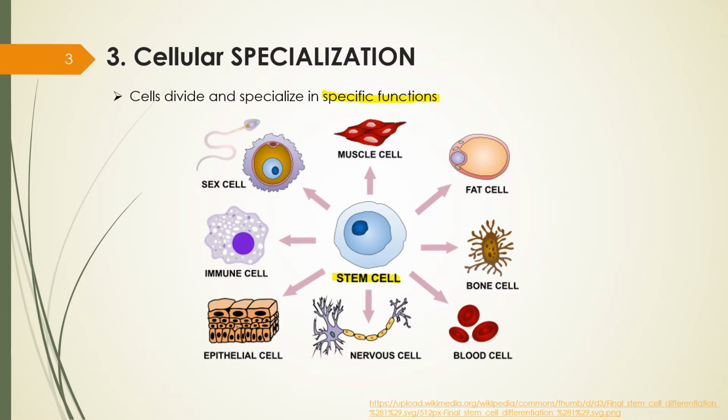We specialize the cells into fat cell, bone cell, blood cell, nervous cell, epithelial cell, immune cell, sex cell, through meiosis, right? All of them is mitosis except the sex cells, meiosis, and muscle cell, and so on. Okay, so each stem cell will multiply and also specialize in its function. That's what we are talking about in this video.